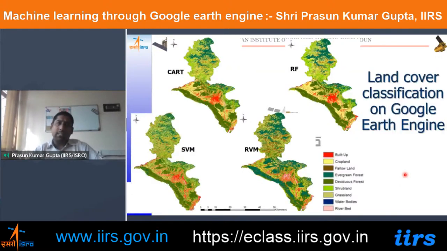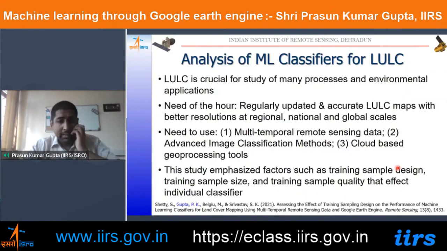So there are two studies that I want to show that we did using machine learning and Earth Engine. This is basically land cover classification over the Dehradun district, and this was published recently in 2021 in Remote Sensing.